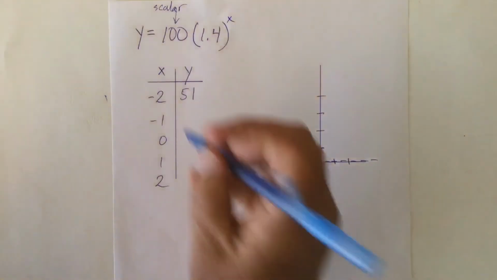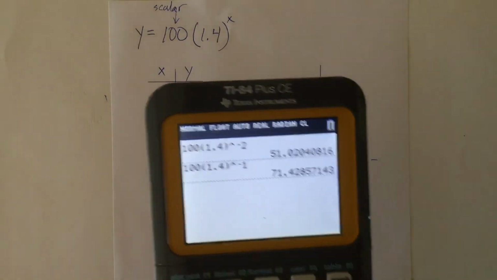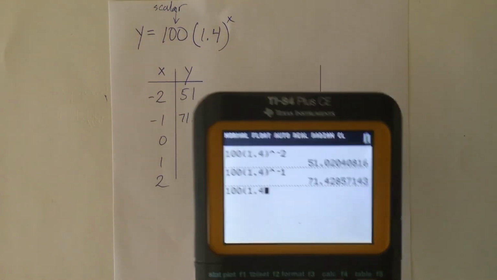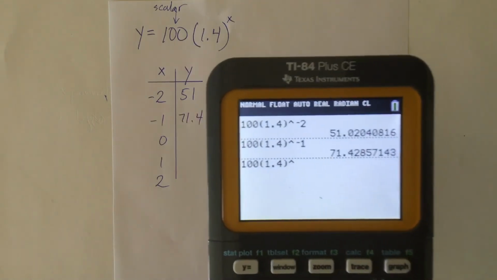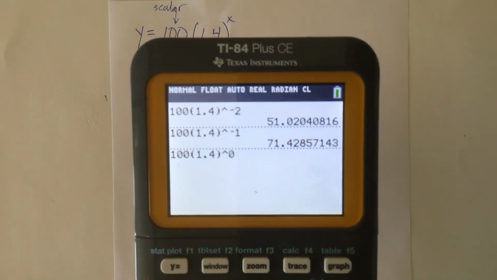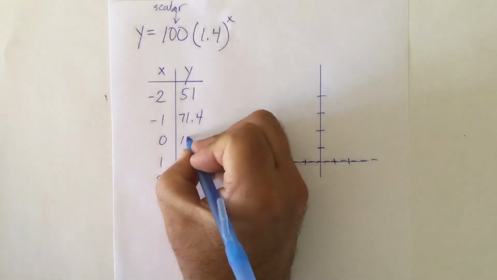So I'll go, okay, 71.4. Now, do I really need to punch this one in? 100 parentheses 1.4 to the power of 0. What's the answer going to be, people? I think it's 100. There it is, 100. You get out the scalar.